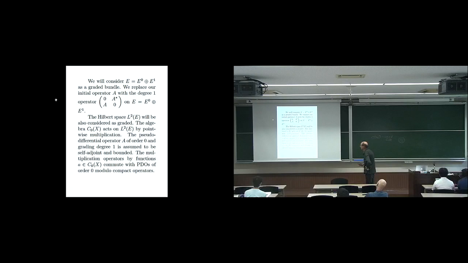Finally, a small cosmetic thing which is also quite useful is to consider self-adjoint operators. Just put them into matrices like this. Instead of one operator, you consider both the operator and its adjoint, and you put A and A star in such a way that this operator has degree 1.